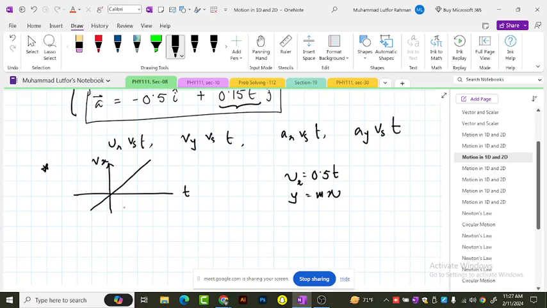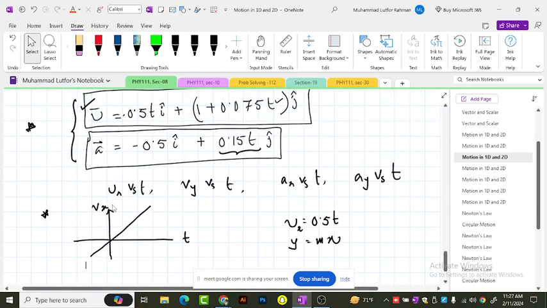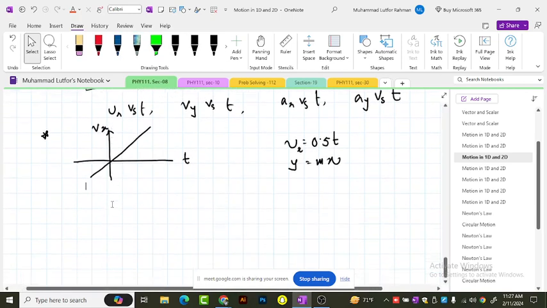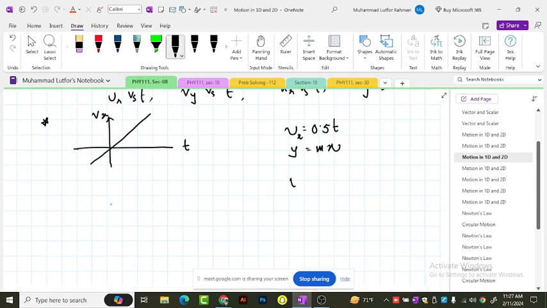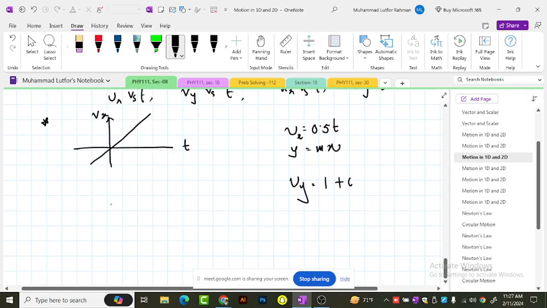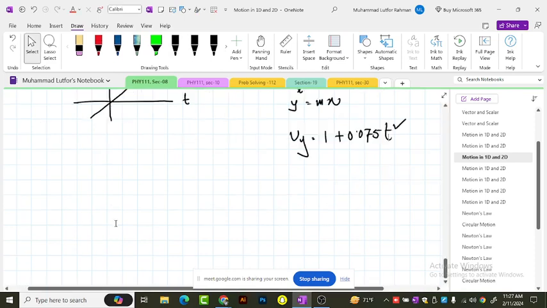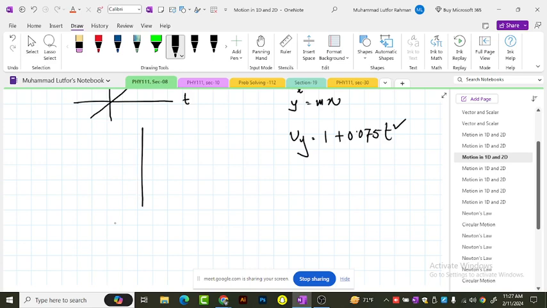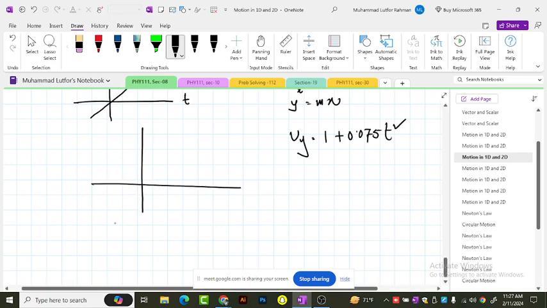Now what about the Vy? The Vy function is 1 plus 0.75 t square. So Vy is 1 plus 0.75 t square. What should this curve look like? This is my t and this is my Vy.